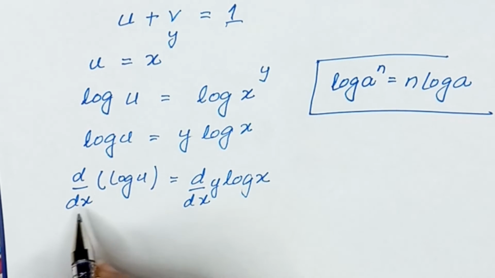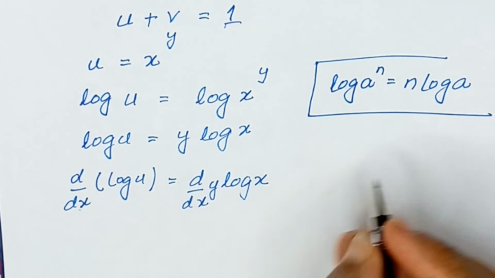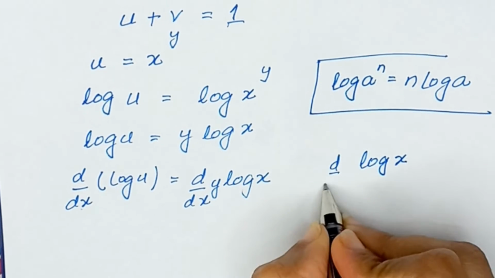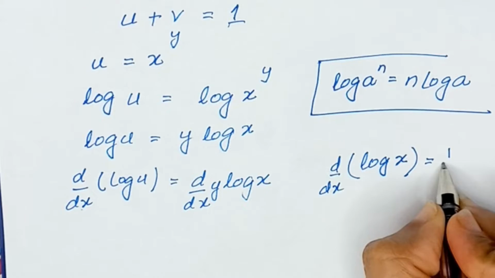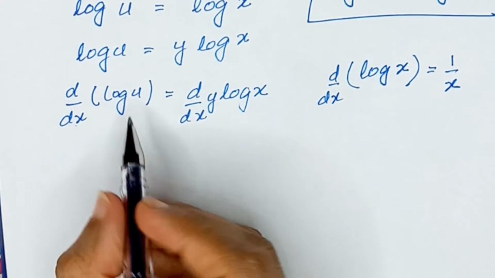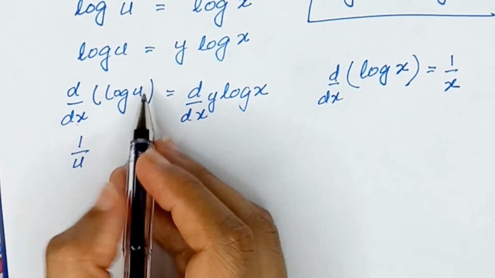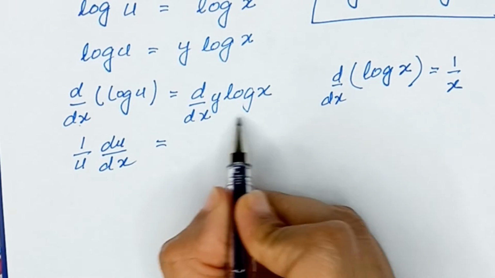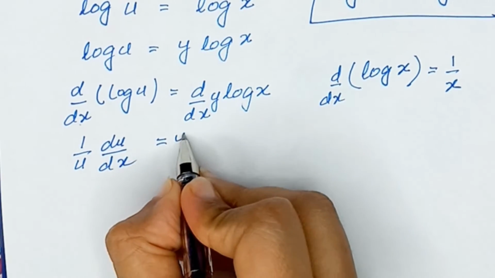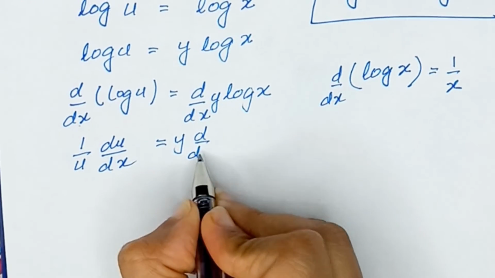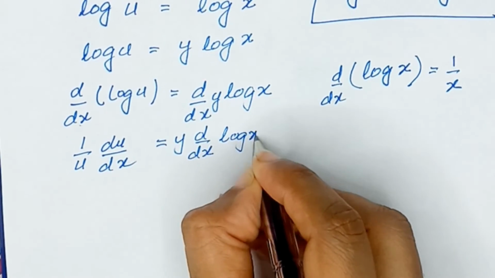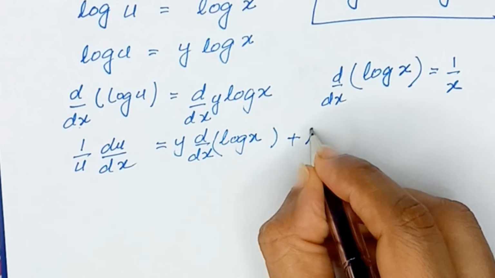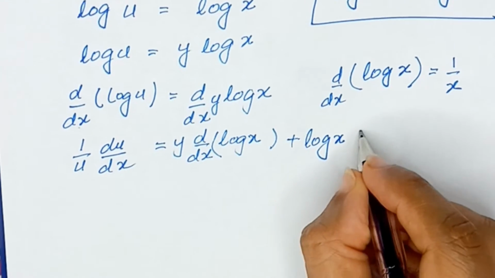The derivative of log of u will be, as we know that the derivative of log of x is equal to 1 divided by x, so it will become 1 divided by u times du divided by dx is equal to, here we will apply the product rule, in which the first term as it is and the derivative of the second term, plus the second term as it is and the derivative of y.